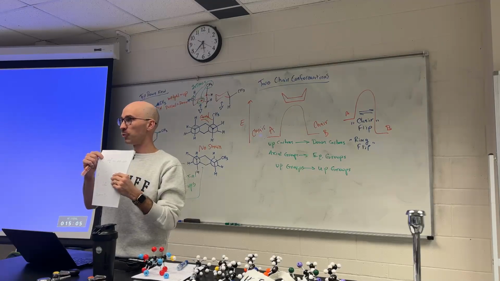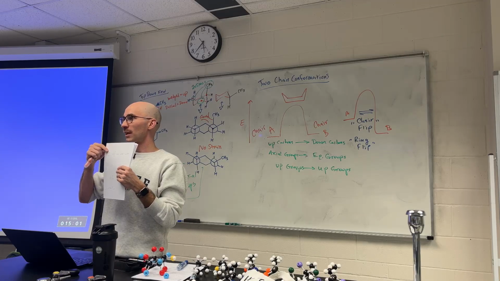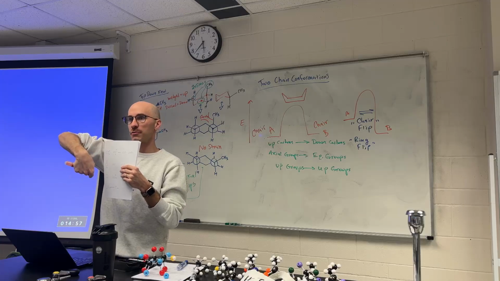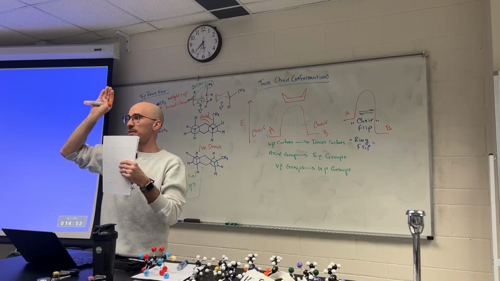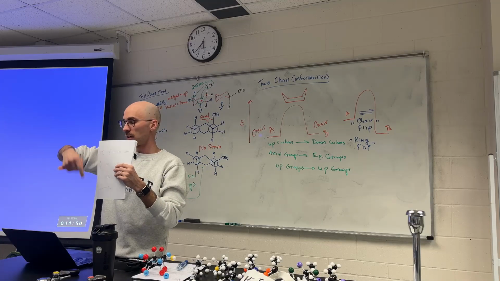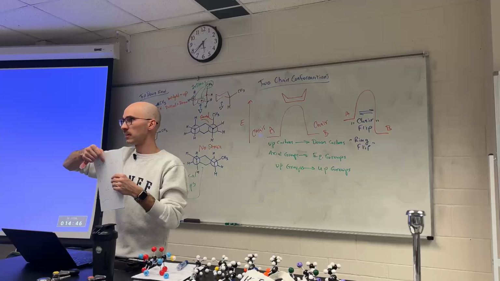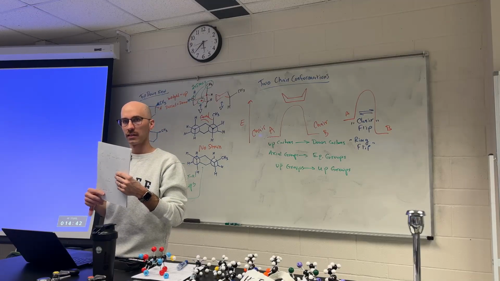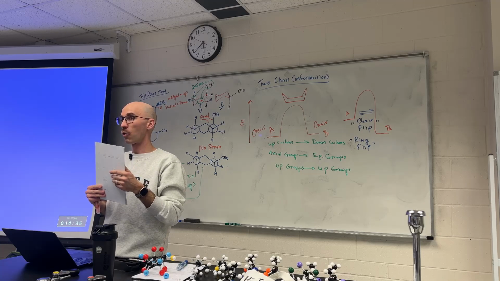The wedged group always needs to be related to the dashed group in this clockwise rotation. Wedged to dashed, clockwise. Up to down, clockwise. Notice that I've given you the first chair where they're both axial. Up to down is clockwise. We're going to get into this concept of chirality after this worksheet, and that is the cornerstone.